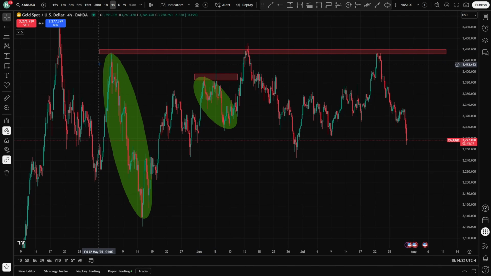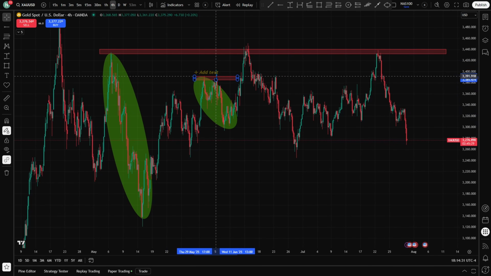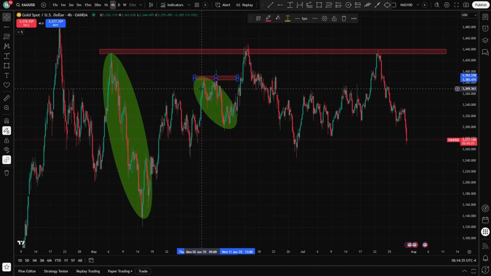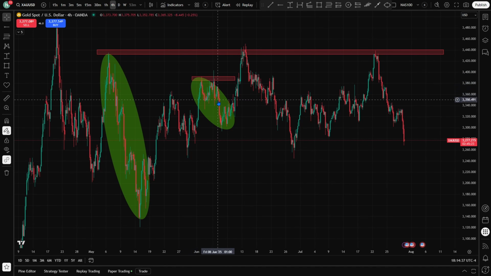So if you see here, this huge move, right? And then you see the market starting to push back up for buys. Well, yes, you can still draw out this resistance, right? But you're not going to be too convinced that the market is going to push all the way back down here.